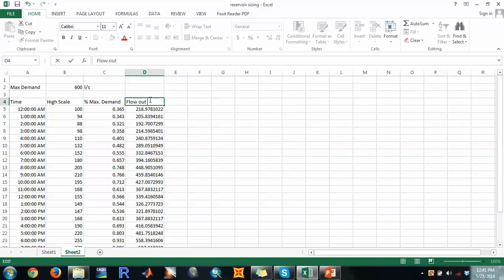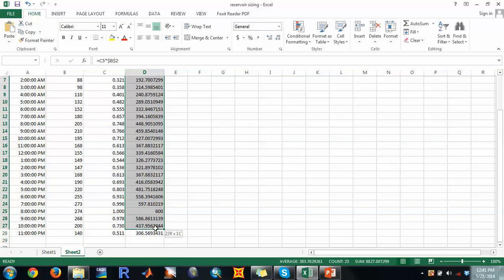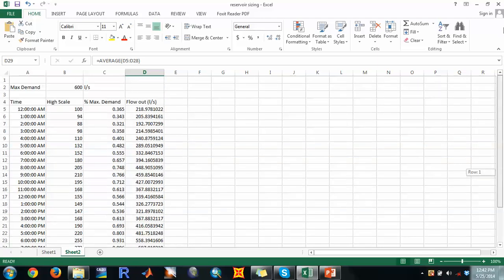Okay, and usually the flow in should be equal to the average day demand. So if you take this one as an average, the average will be 380, as you can see, and now we can write 380.56 here.